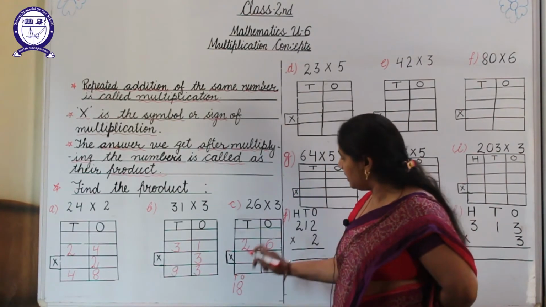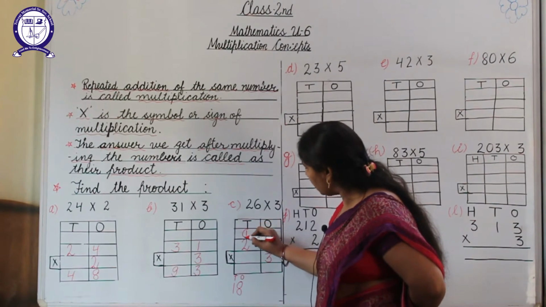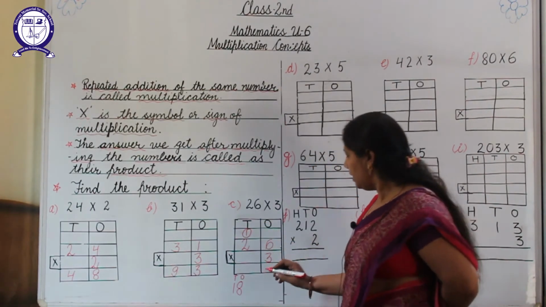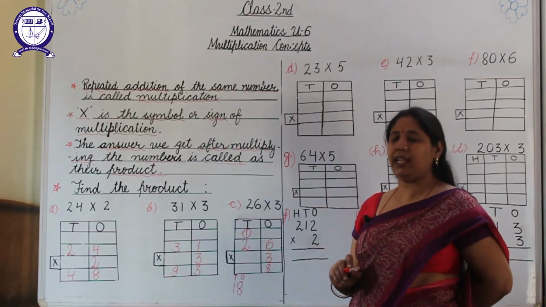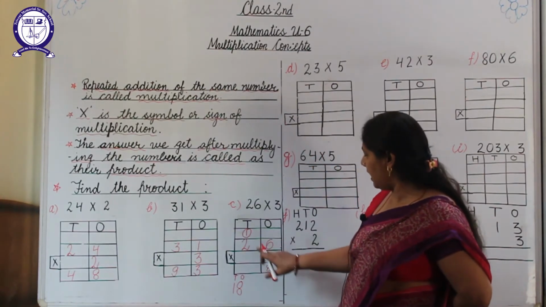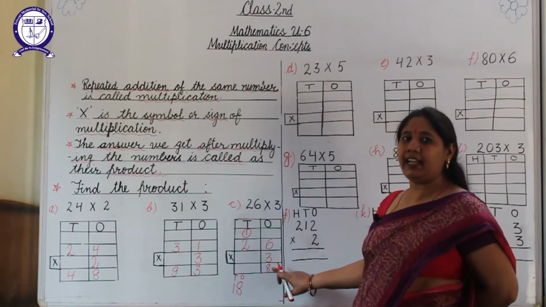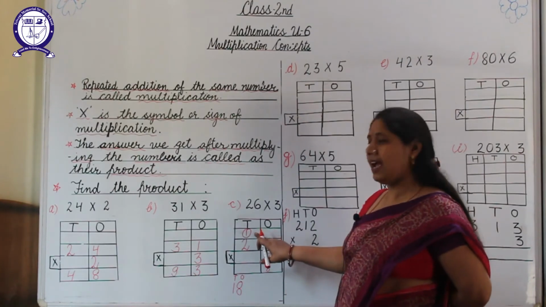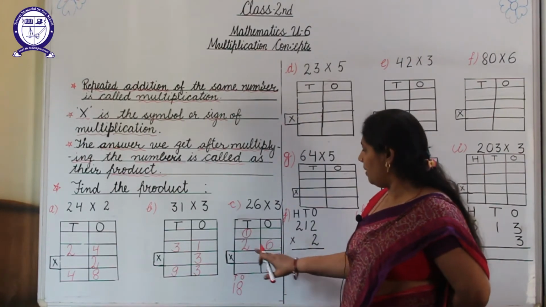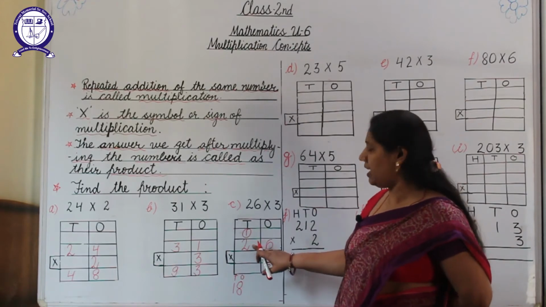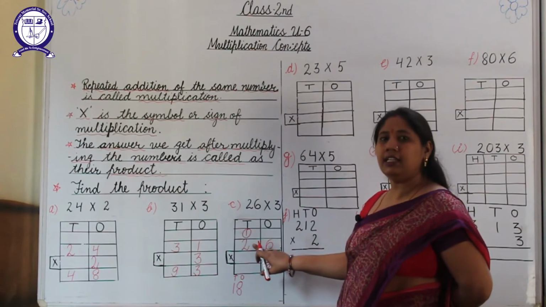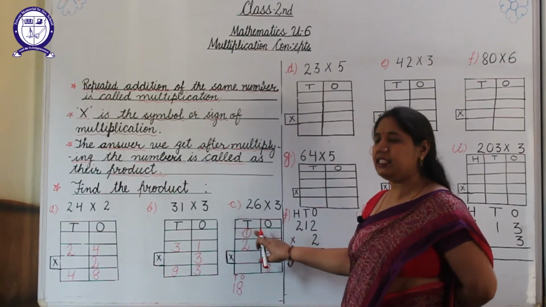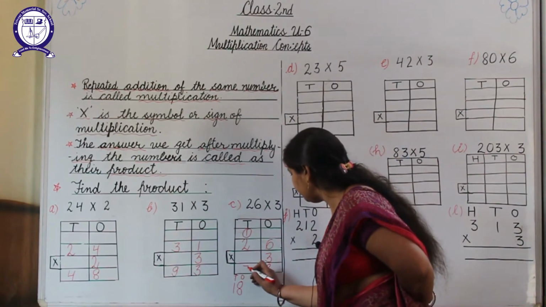So the tens digit is carried over to the tens place like this, and the ones digit we have to write here in the ones place. So 3 sixes are 18. You have to write 8, carry 1. Now we have to multiply the tens digit. The tens digit is 2. 3 twos are 6. Then add carry: 6 plus 1 is 7.